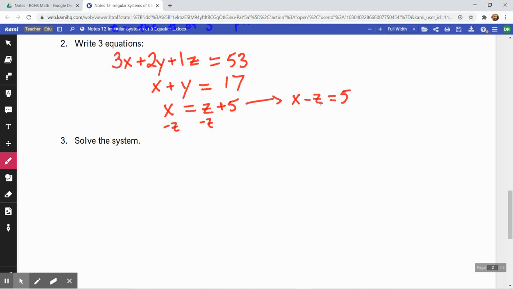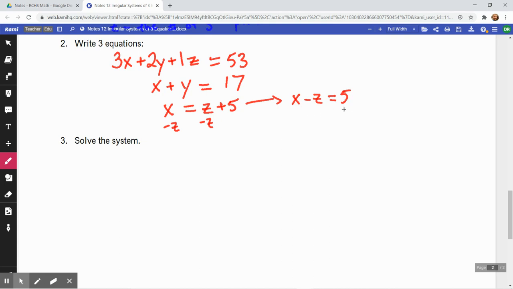This last equation has the letters X and Z. And if I can take these top 2 equations and get rid of the letter Y, then I'll have a new equation that also has the letters X and Z corresponding to this, which is going to allow us to continue. So we need 2 equations with the same 2 letters.